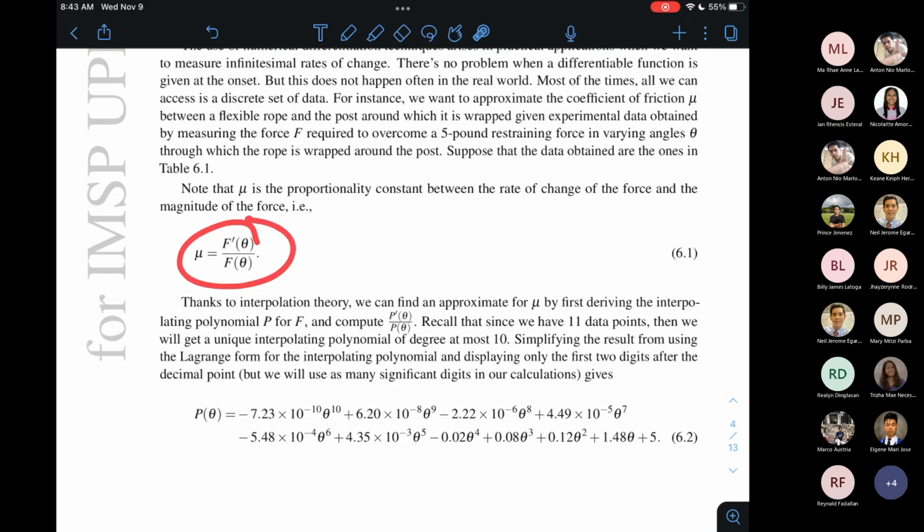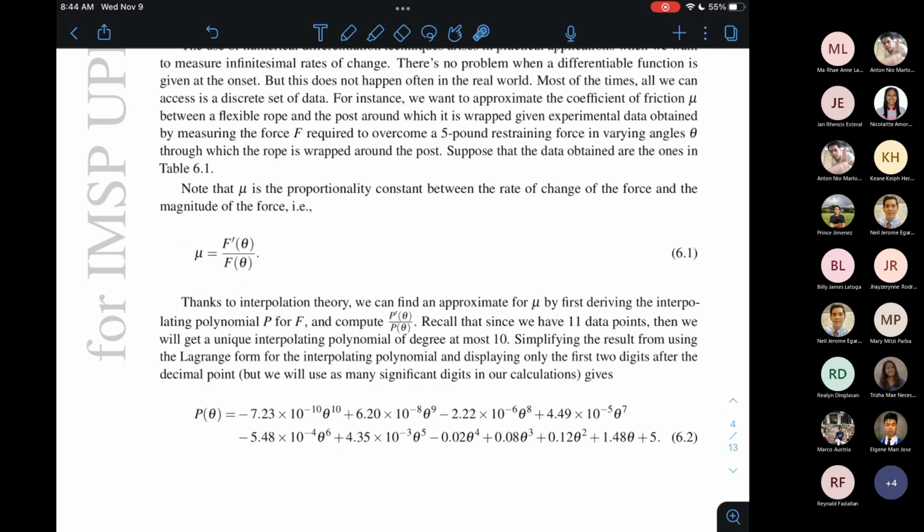So this is the formula for the coefficient of friction, and it is a constant of proportionality. So that means whatever your theta is, dapat constant yung F prime over F. Now, if you want to calculate the coefficient of friction for this particular setup, so meron kang pole, gusto mong makita ano yung coefficient of friction dun sa pole and the flexible rope that you have, then you need to compute this guy. But of course, it's hard to do that, right?